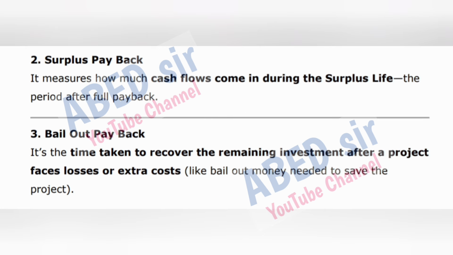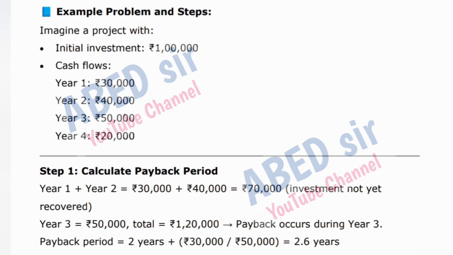Surplus payback. It measures how much cash flow comes in during the surplus life, the period after full payback. 3. Bailout payback. It's the time taken to recover the remaining investment after a project faces losses or extra costs, like bailout money needed to save the project.